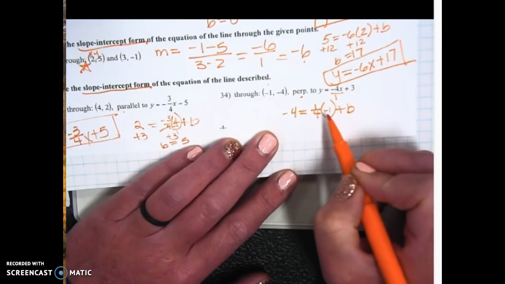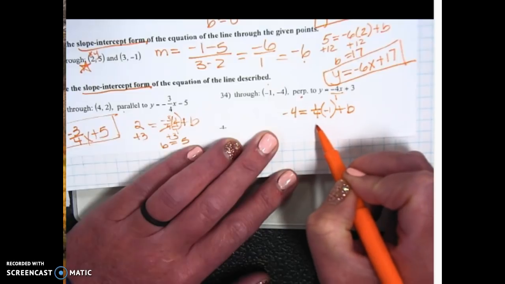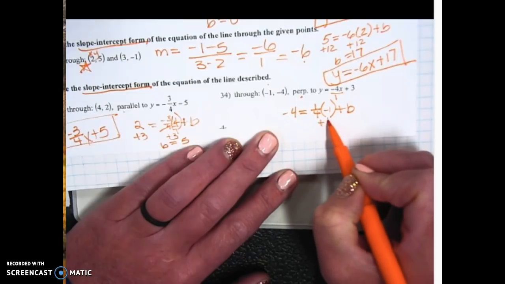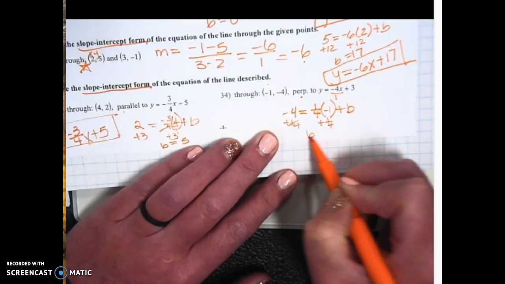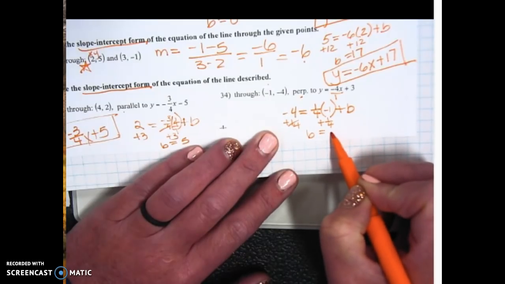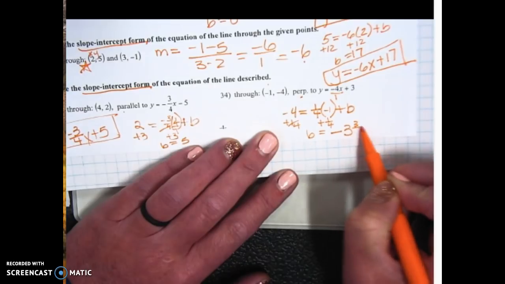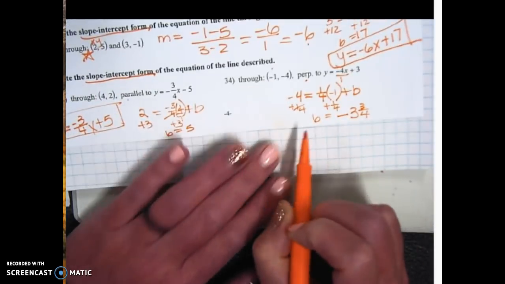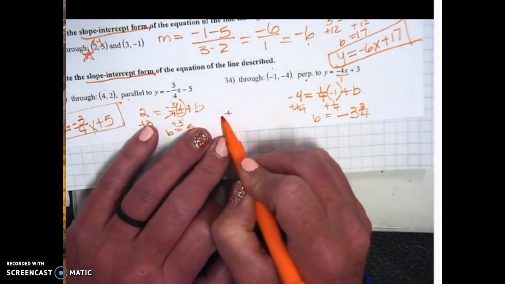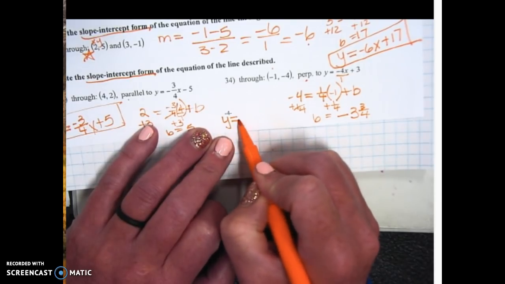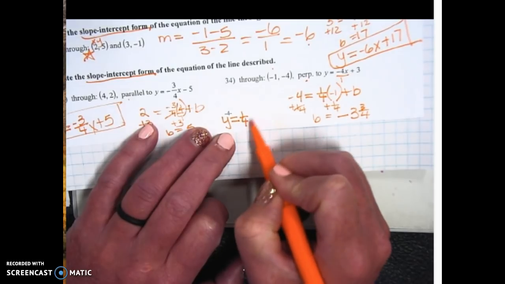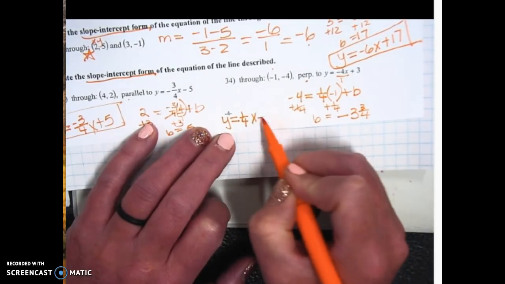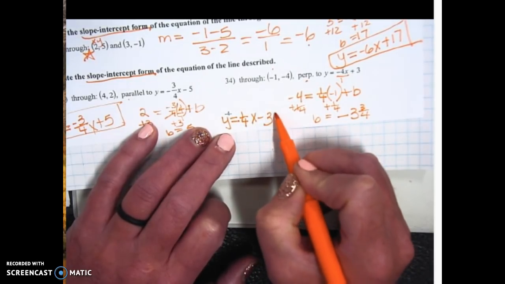So 1/4 times negative 1 is negative 1/4. So you actually want to add 1/4 to both sides. So b is going to be equal to negative 3 3/4. So the equation is going to be y equals 1/4 x minus 3 3/4.